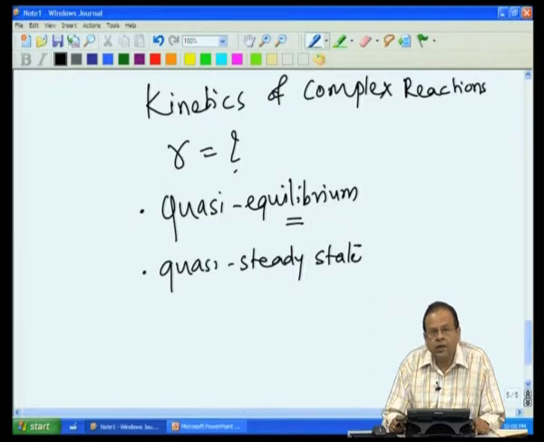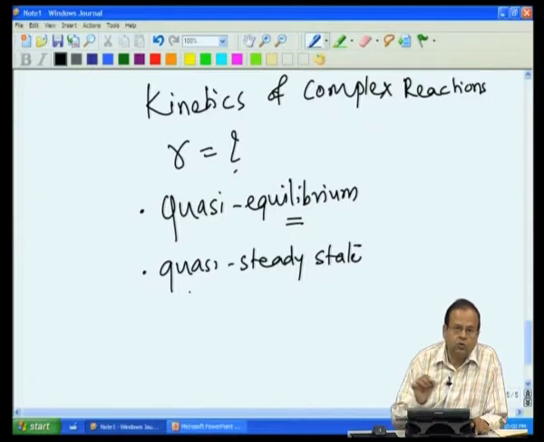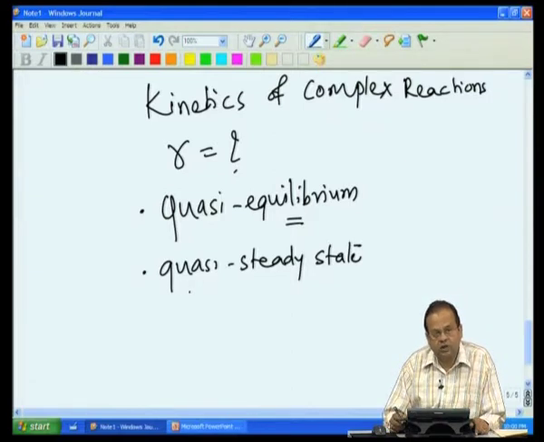So, we apply steady state, but if we apply steady state to all the species, the net rate will be 0. So, we apply steady state to a few species which are highly reactive, and then use what we call quasi steady state approximation to obtain the rate of reaction.